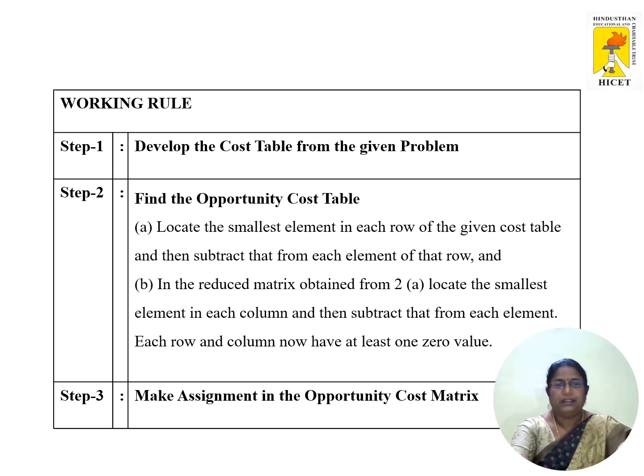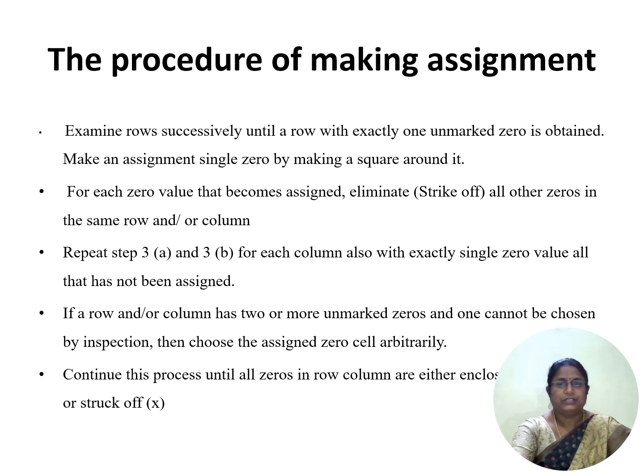Step 3, make assignment in the opportunity cost matrix by using the following procedure. Examine rows successively until a row with exactly one unmarked zero is obtained. Make an assignment to the single zero by making a square around it. For each zero value that becomes assigned, eliminate all other zeros in the same row and column.